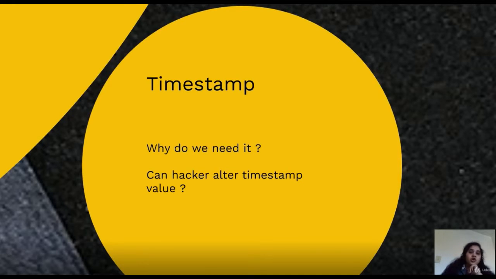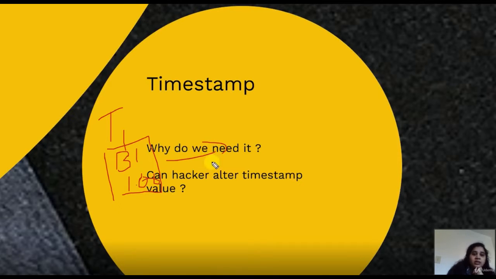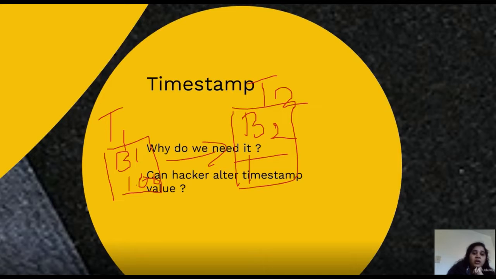Suppose you're making one transaction, T1, which is stored in block B1 at the time 1 o'clock. The next block, whenever it is created, the transaction T2 is going to be created in block B2 at a time greater than 1.